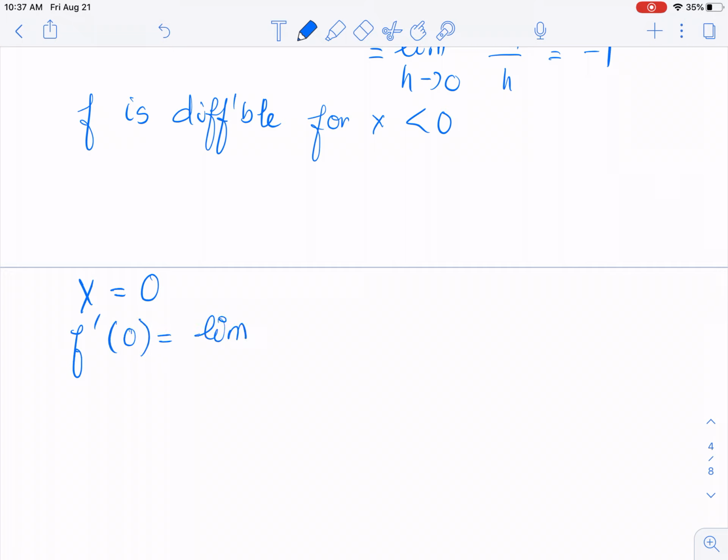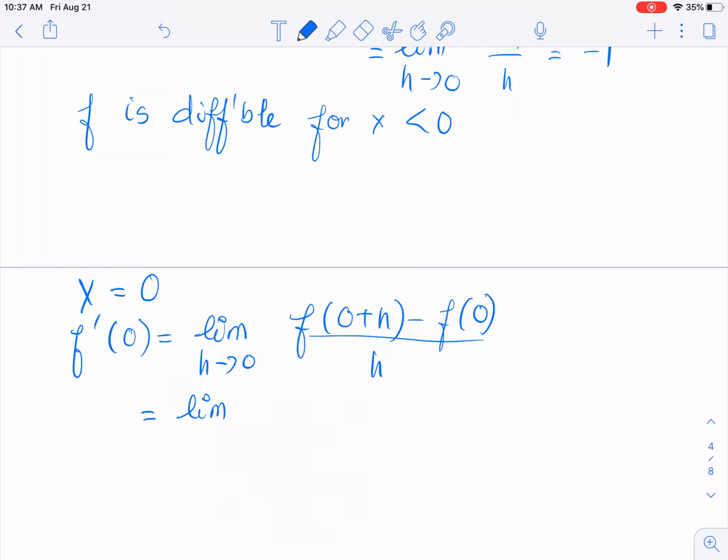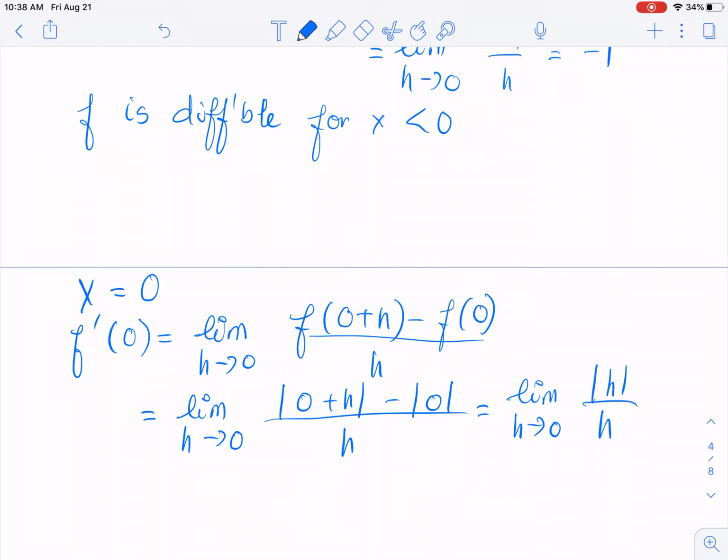So what do we have here? f prime of 0 is f of 0 plus h minus f of 0 over h, which is the limit as h approaches 0 of the absolute value of 0 plus h minus the absolute value of 0, over h, which is the absolute value of h over h.